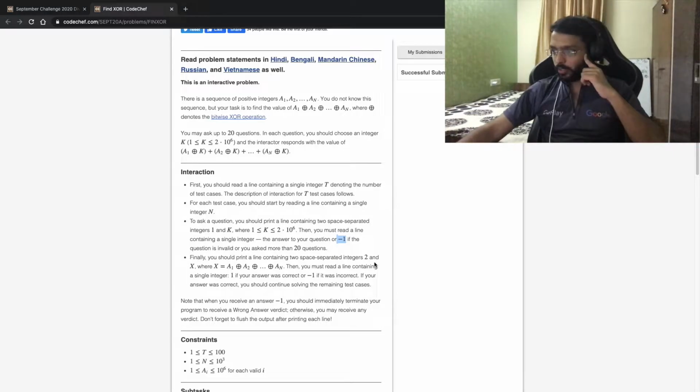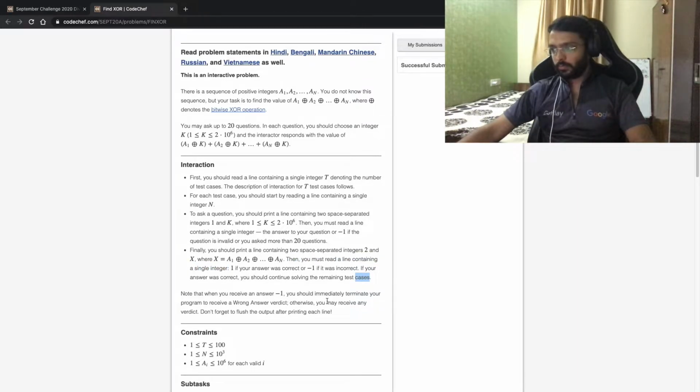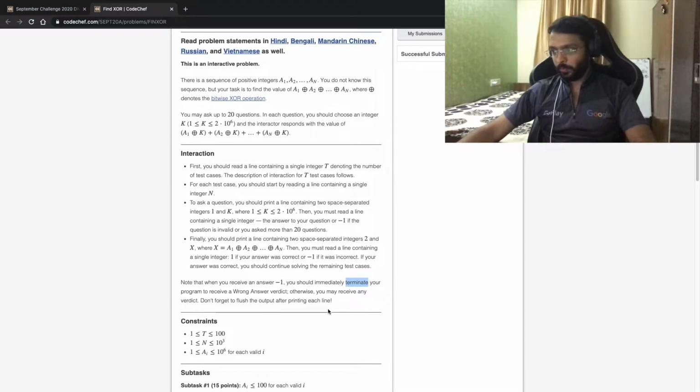Finally, you print two integers, 2 and x, where x is what we need to find out. Then I must read a line containing a single integer: 1 if your answer is correct, or minus one. If your answer was correct, you should continue solving the remaining test cases, and if I receive minus one, I should immediately terminate.